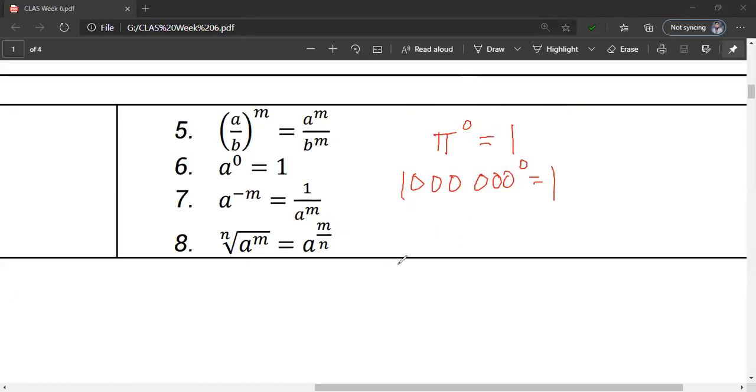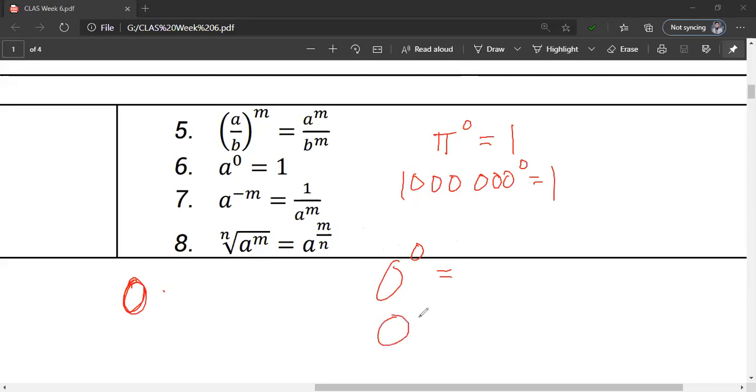So what if 0 raised to 0? Kasi nga kanina may condition tayo na except 0. Any number multiplied to 0 is equal to 0, di ba?